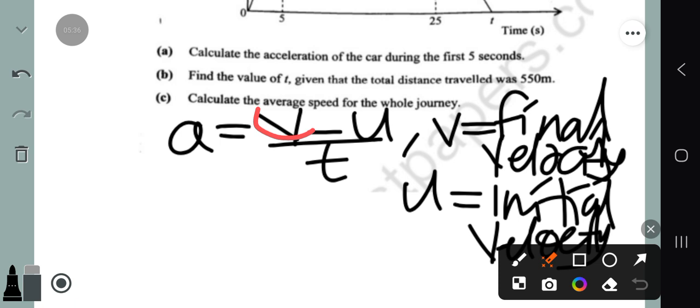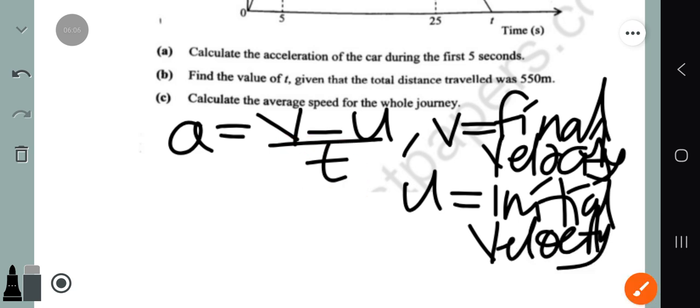So we have this v to mean final velocity. We also have this u to mean initial velocity, divided by time. Units of velocity is meters per second, and time is also in seconds, right? So to find acceleration, you're going to use this formula, final velocity minus initial velocity divided by time.